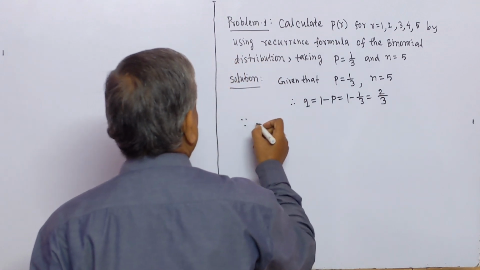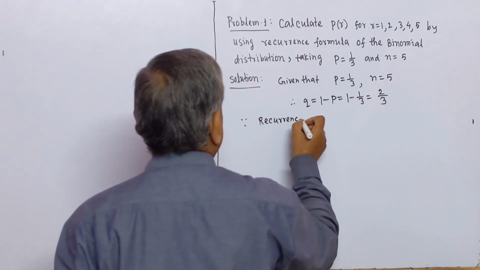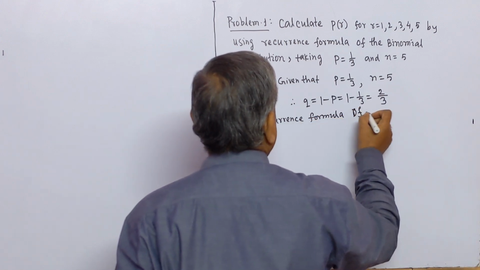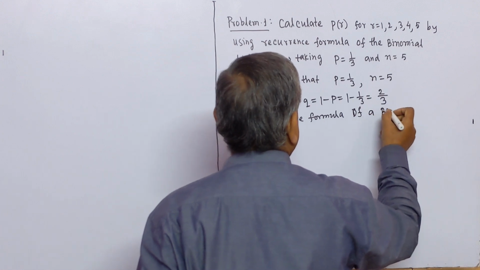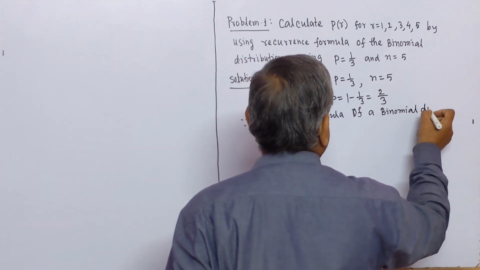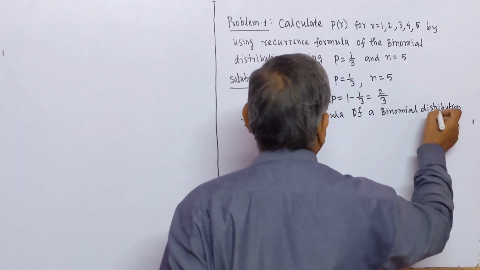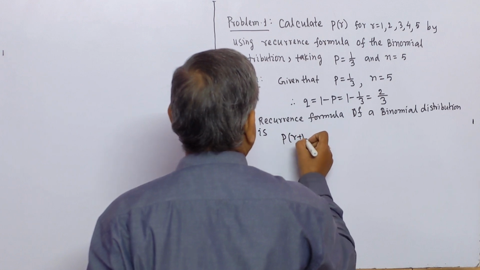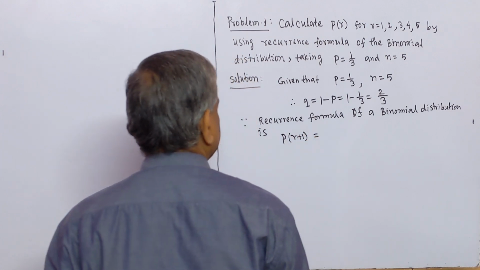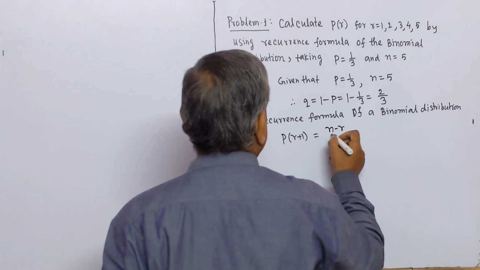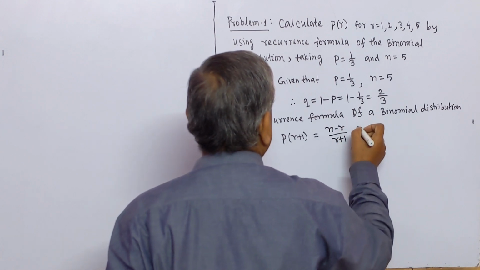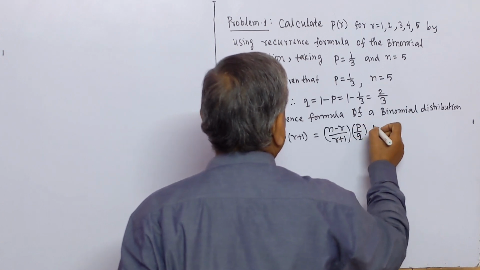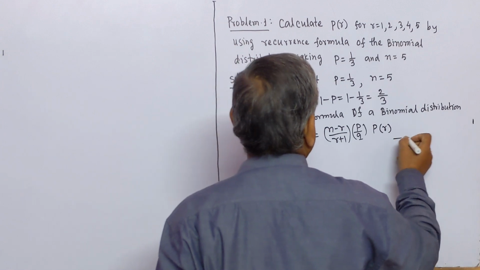Since recurrence formula of a binomial distribution is P(r plus 1) equal to (n minus r) by (r plus 1), p by q, P(r). This is number 1.